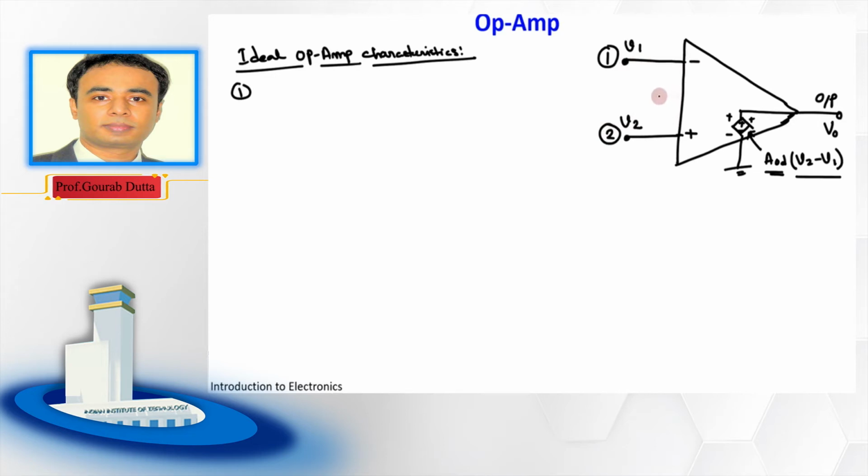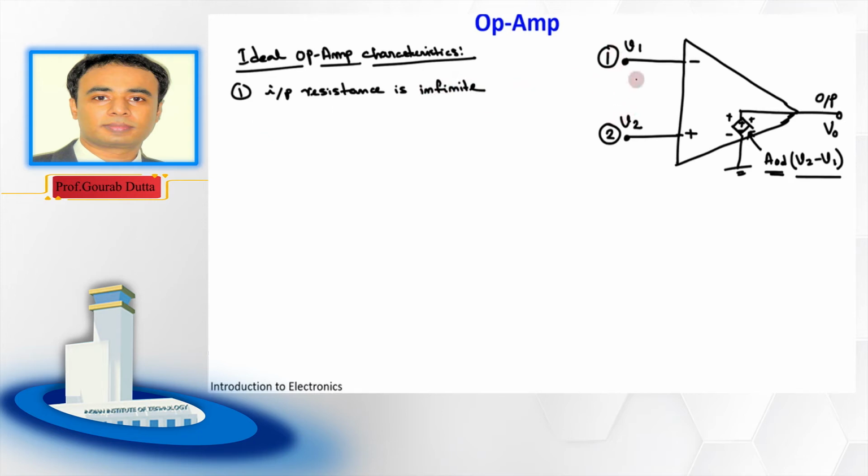So let us write that first here: this ideal op amp has infinite input resistance. Fine, this is one that we have understood.